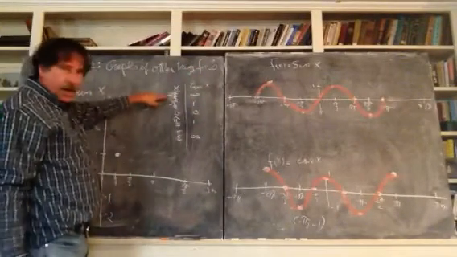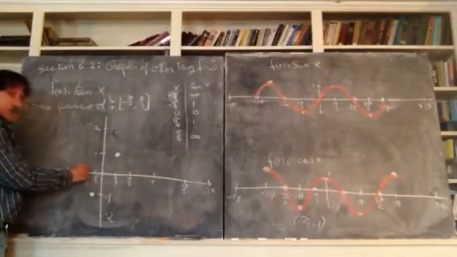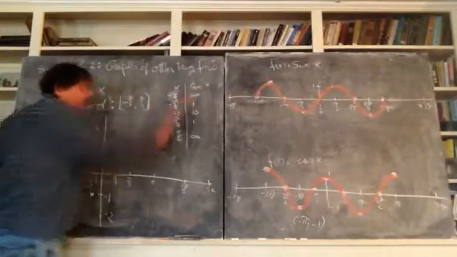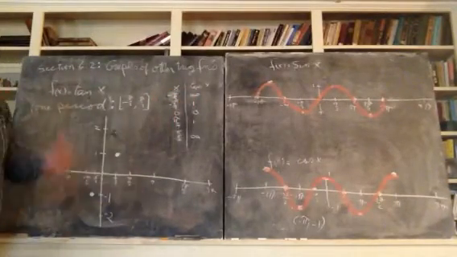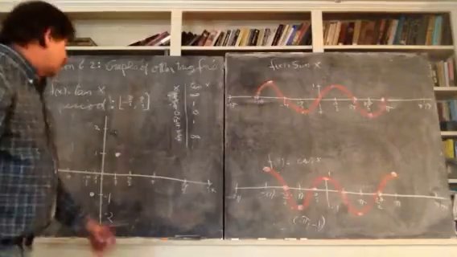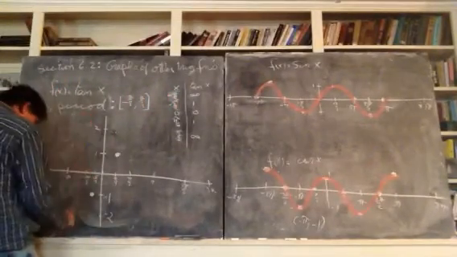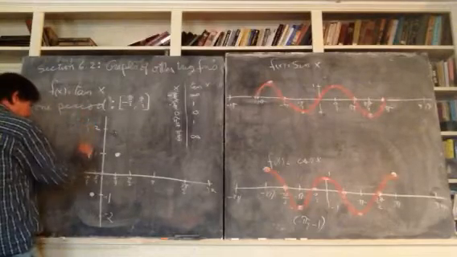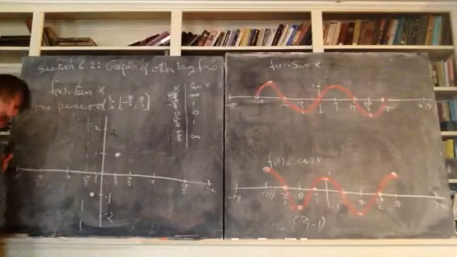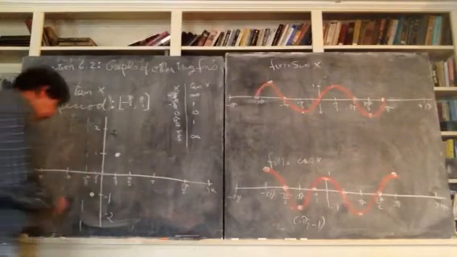If I'm at negative pi over 2, the tangent of negative pi over 2 is infinite, because it's sine over cosine, and cosine at negative pi over 2 is 0. So because it's infinite, there must be an asymptote at negative pi over 2.